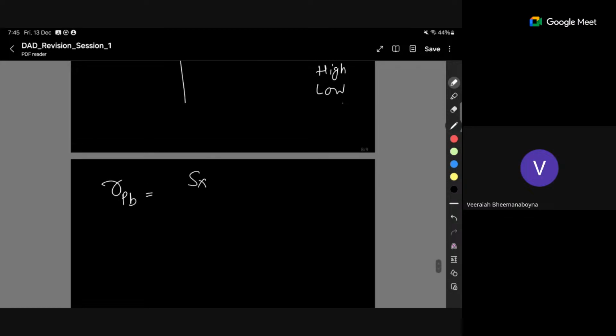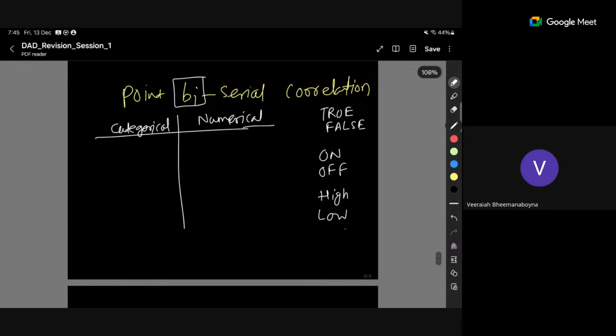What we do is first we figure out the mean. Let's just take some data, then that would be much better, otherwise it will be complicated. Okay, so this is exam result data.